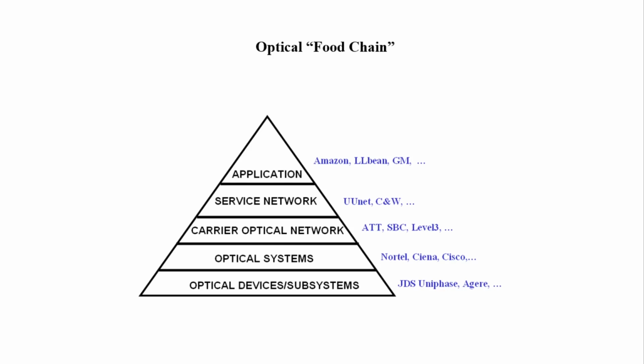After that, it comes the optical system. After that, it comes the carrier optical network. After that, it comes the service network and applications. If you observe on the right hand side in the blue color, the applications are Amazon, and so on, which are operating through a network.